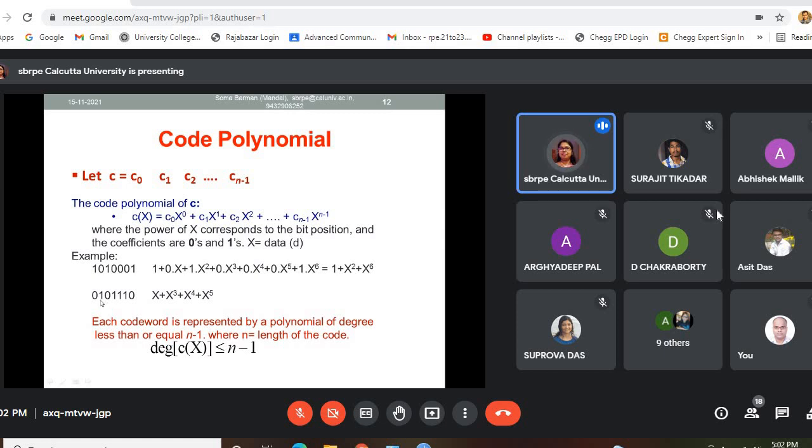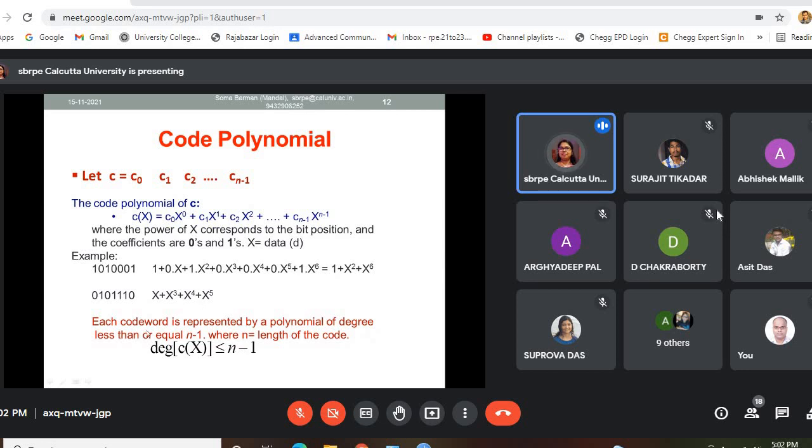So you are getting x, then x cube, then x to the power 4, then x to the power 5, and x to the power 6 is 0. So this code word can be represented by the polynomial x plus x cube plus x4 plus x5.